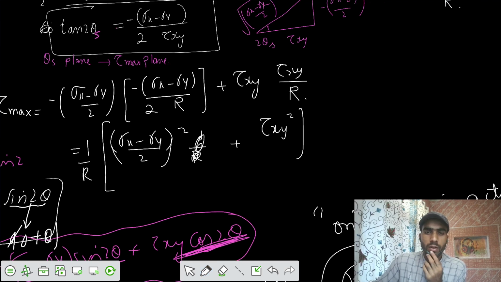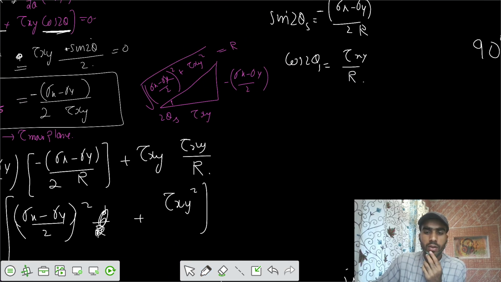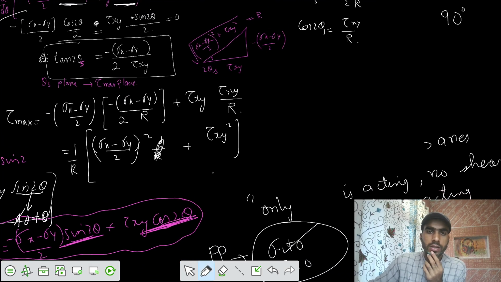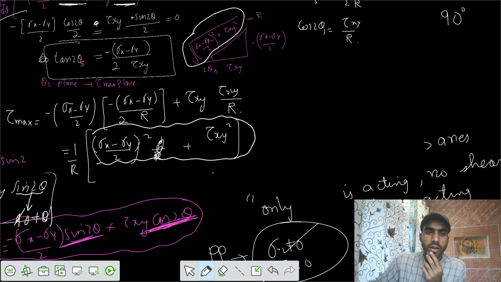But the value of R is the root of this value, the same value which we had at the top. This is the same value here, but it has a root.